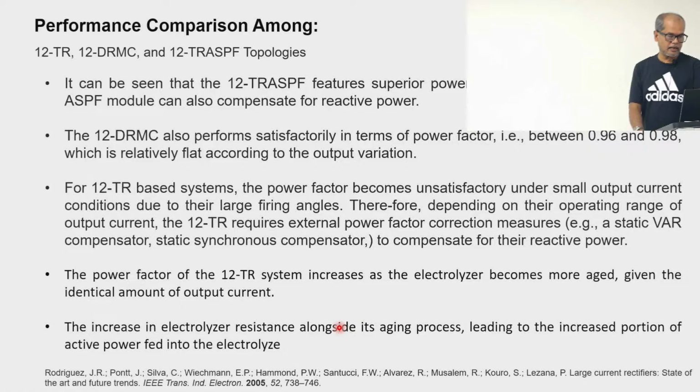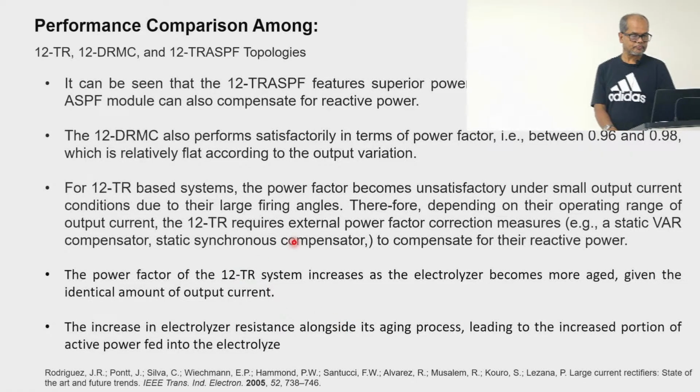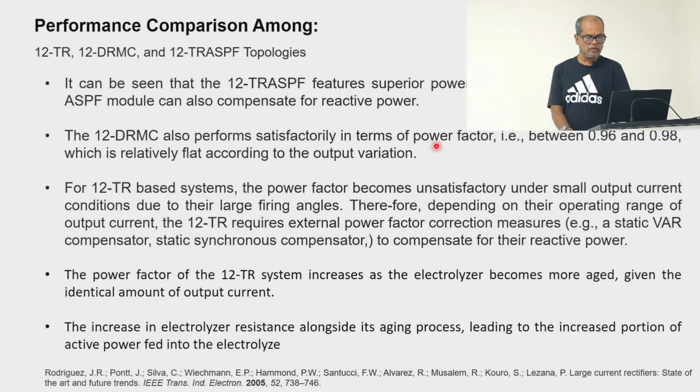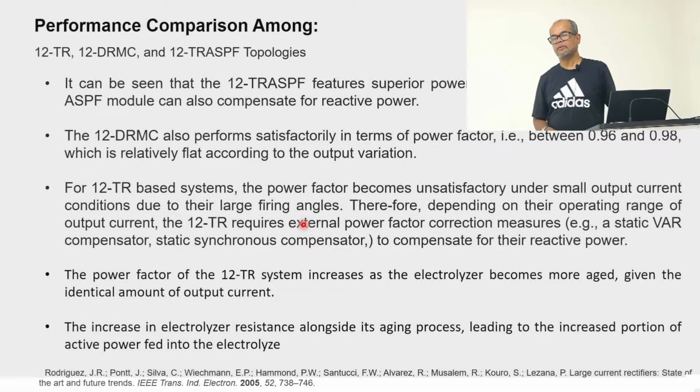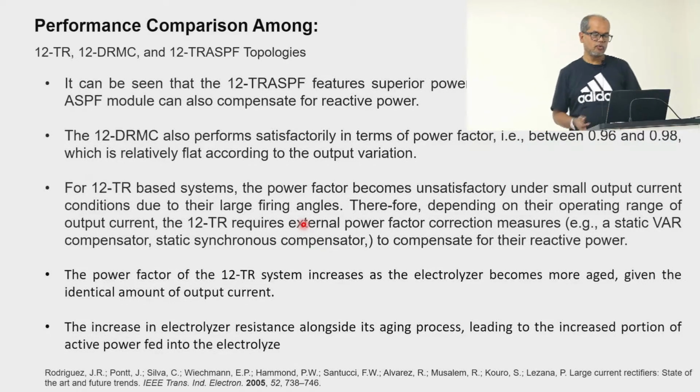So here, again, I have given all the explanation. If you consider the power factor, which one is best, which one is in the middle, and which one is giving poor performance, mainly when you have lower current, there is definitely a difference in the price. So depending on your requirement, you can pick which one you're going to utilize.